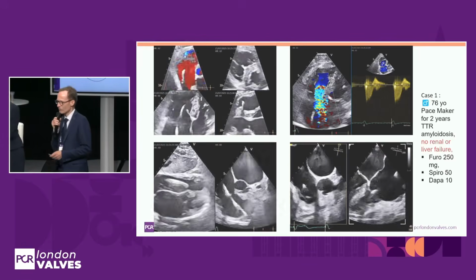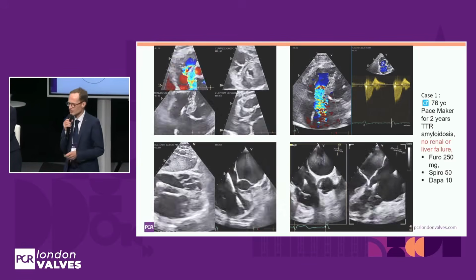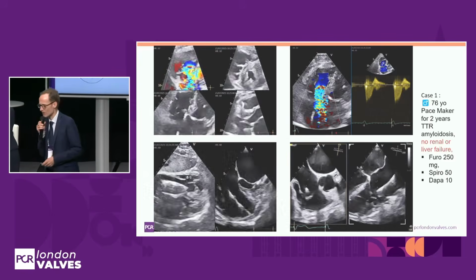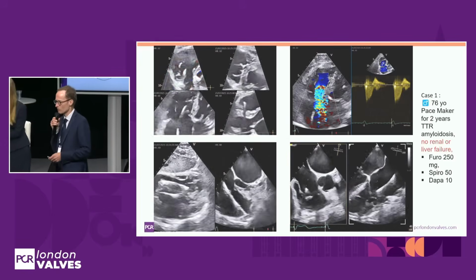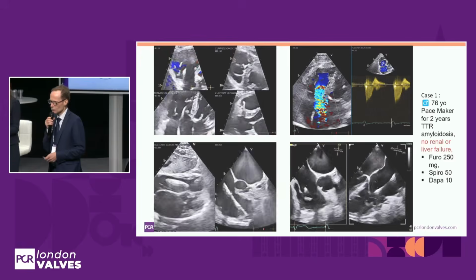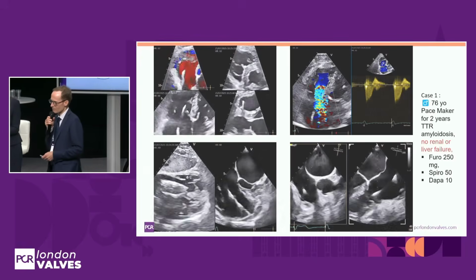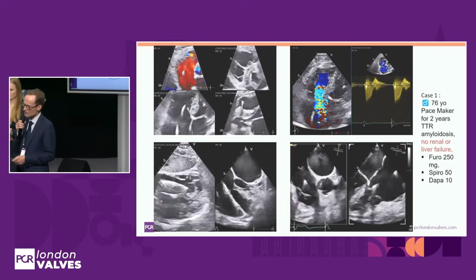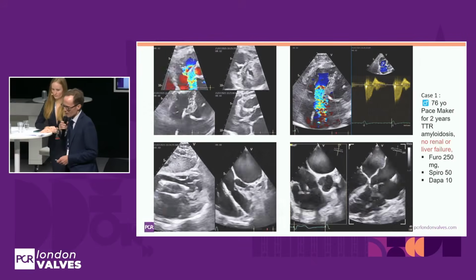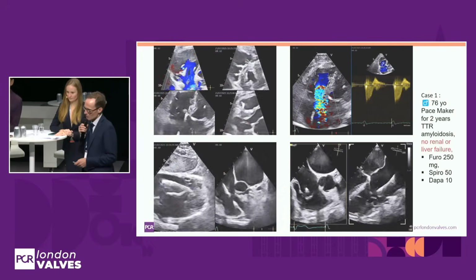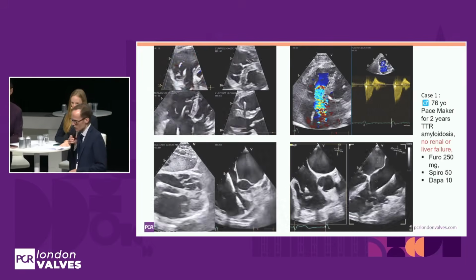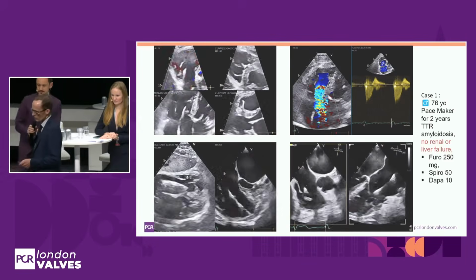When we have an amyloidosis, we try to keep the normal contraction of the LV, so we put the lead in the septum to have a left bundle branch pacing, and unfortunately the patient becomes sicker, and as you can see we have this huge tricuspid regurgitation. This is a torrential tricuspid regurgitation.